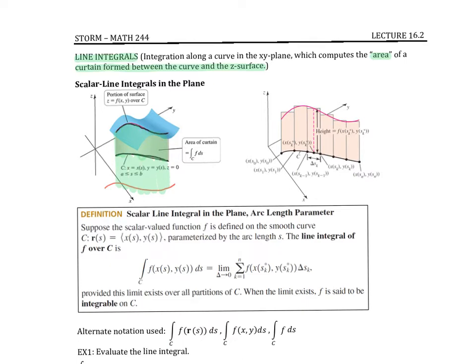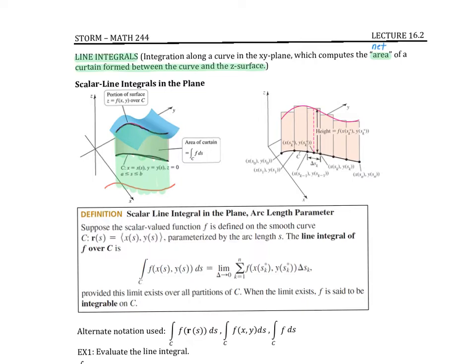One way to think about this is to think about a net area. So if you have part of our z surface above the xy plane, maybe part below, and you compute the line integral, it could also happen that it turns out to be zero.